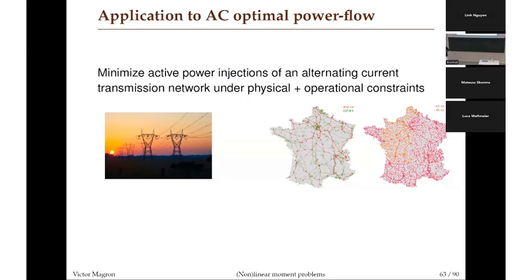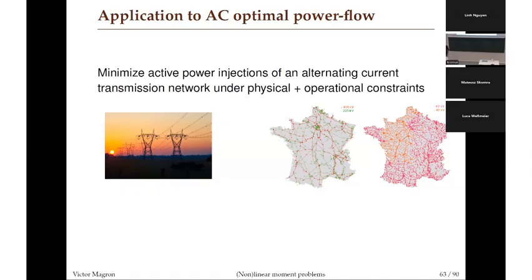Now I will give you an example just to illustrate the kind of speed up that you can obtain by exploiting all these kinds of sparsities. One problem we worked on is alternating current optimal power flow. This is a problem that interests the transmission operators, either in France or in Europe, also in the US.